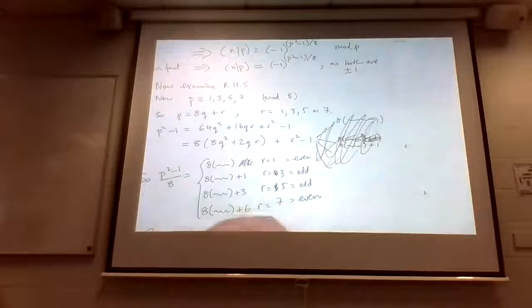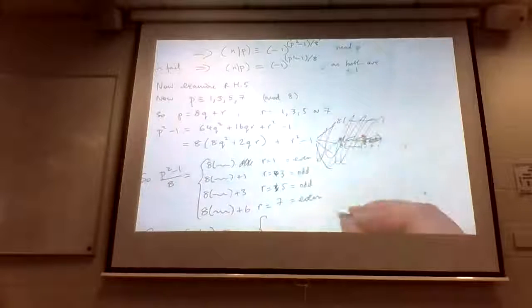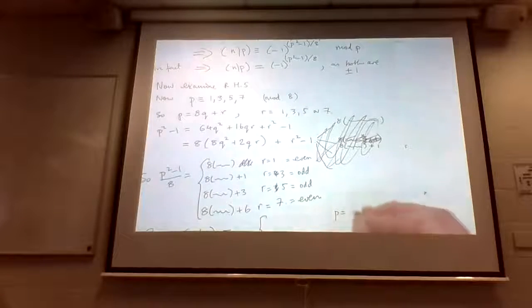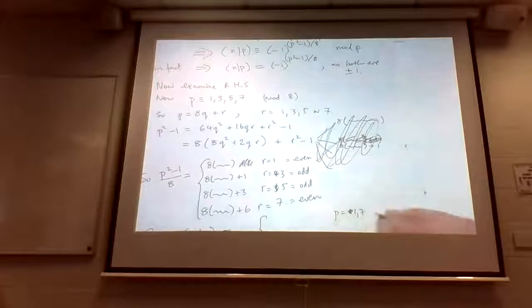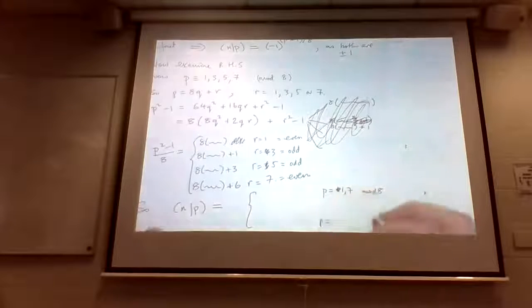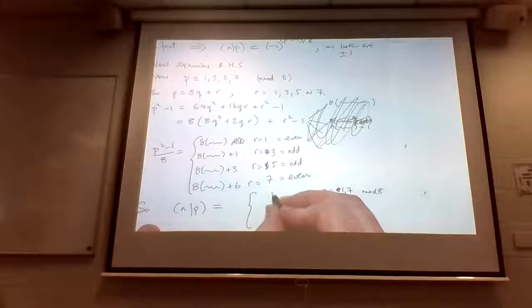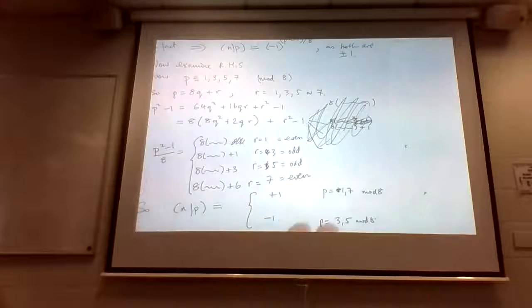So this gives us our final result. Remember, these are r equals 1, 3, 5, 7. These were the cases of r being 1 or 7 mod 8, and 3 or 5 mod 8. So we got plus 1 here and minus 1 here.